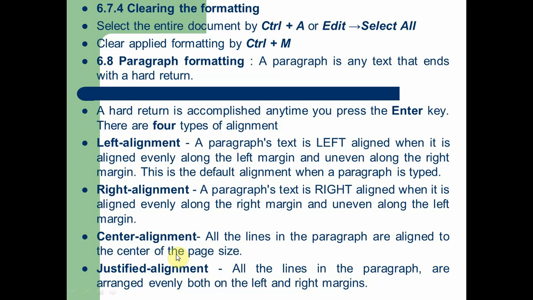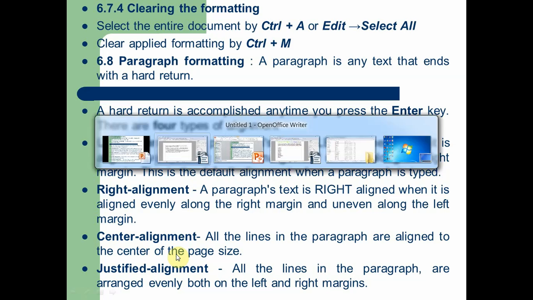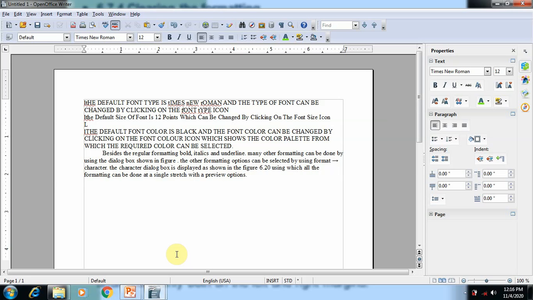In left alignment, all the text is aligned to the left margin and uneven along the right margin. You can see all the paragraph lines are aligned evenly on the left side, but when you see the right side, uneven alignment is applied. So this is the default alignment called left alignment.